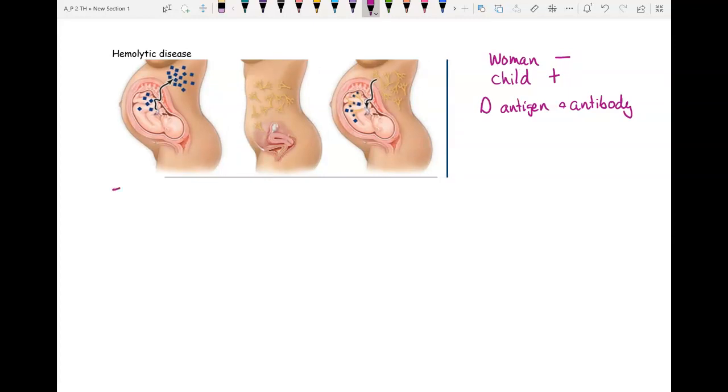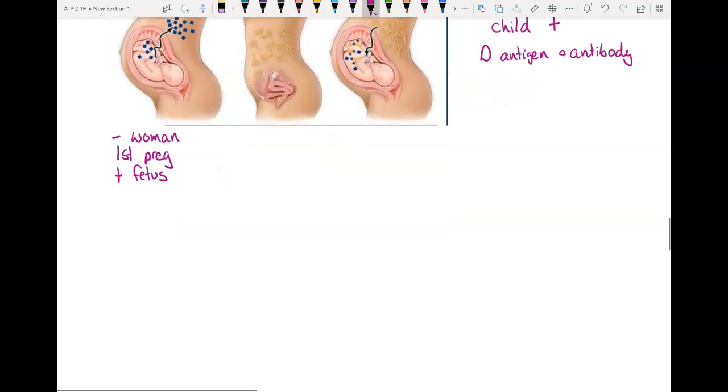So here we have a negative woman, and she's carrying a positive fetus. During pregnancy, mother and fetal blood don't mix. The placenta separates them. But during birth, there is some mixing. Fetal blood will leak into the woman.